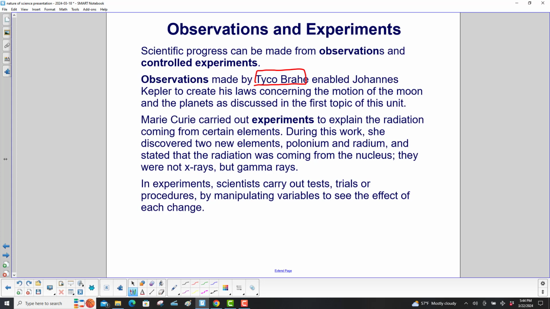During this work, she discovered two new elements, polonium and radium, and stated that the radiation was coming from the nucleus. They were not X-rays, but gamma rays. In experiments, scientists carry out tests, trials, or procedures by manipulating the variables to see the effect of each change. Now, we said that on the previous slides, but that has to be emphasized.